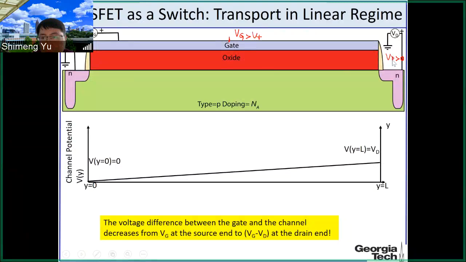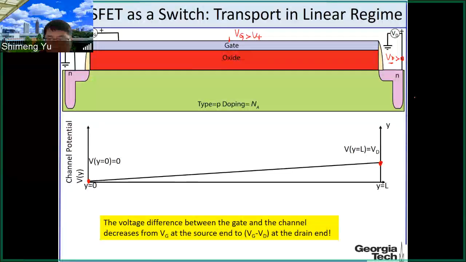The drain voltage will be dropped across from the drain to the source. If you think about the channel potential, the source side is grounded, so it's 0 voltage. And then here you apply the drain voltage to the right. So here you have the drain voltage Vd.